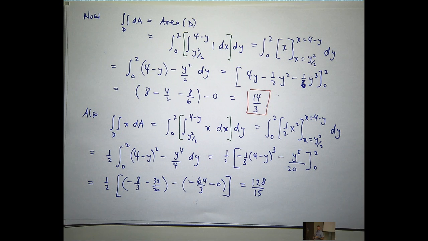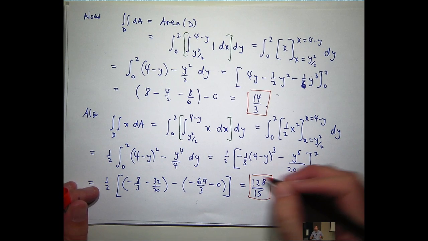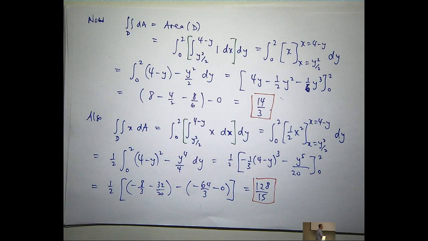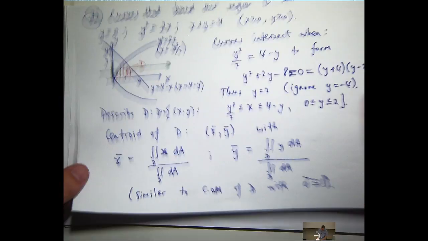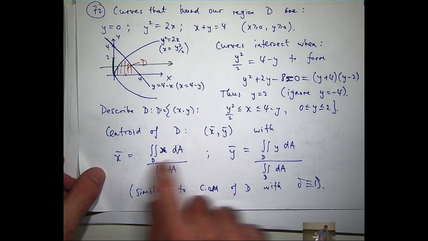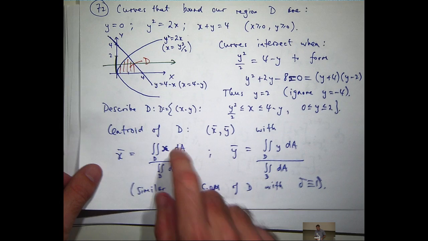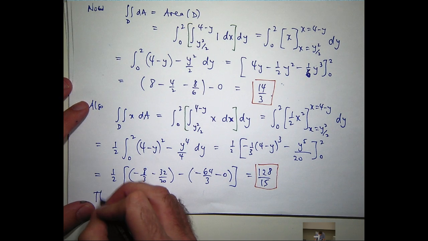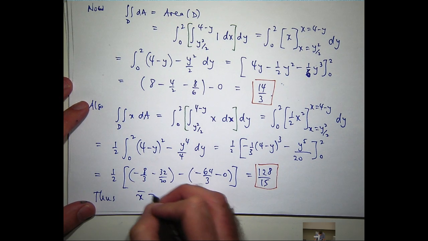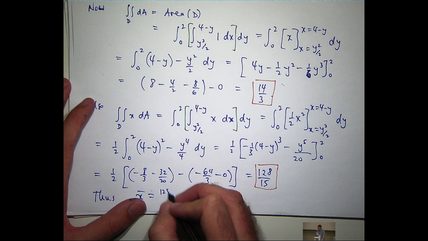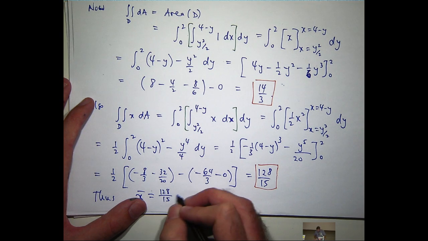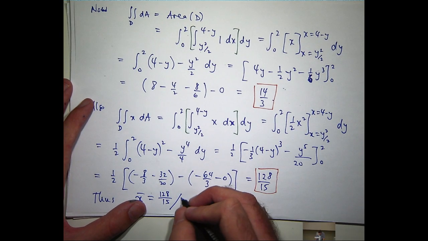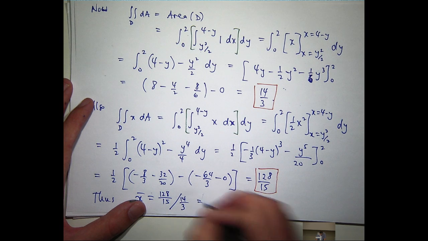All right, so let's actually calculate our first x component for the centre of mass. It's just this divided by the area. Okay, we've got both of those now, so we can do it. Okay, so it's 128 on 15 all over 14 on 3. So you just invert.